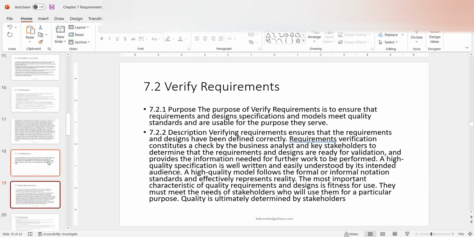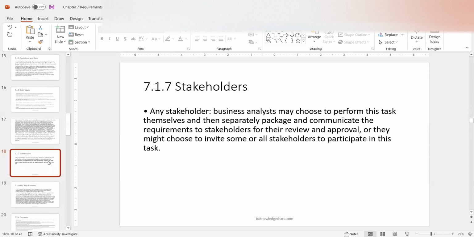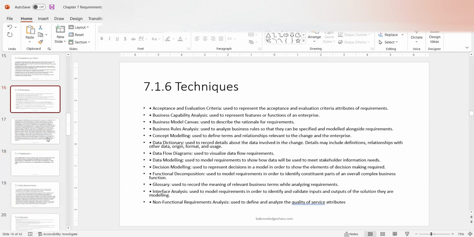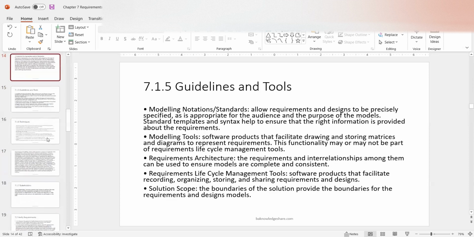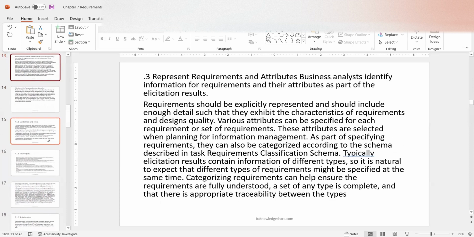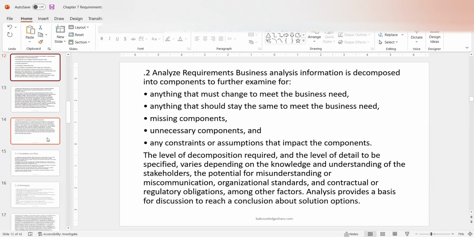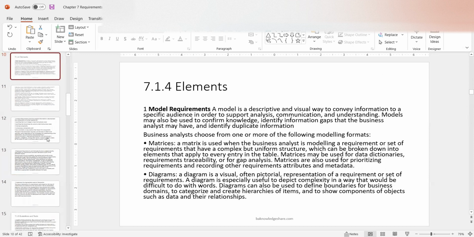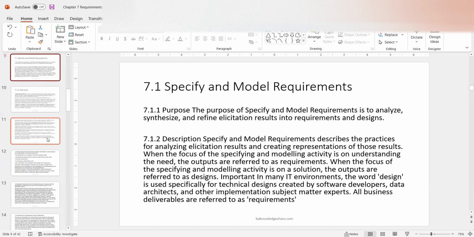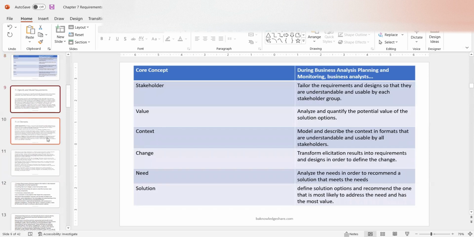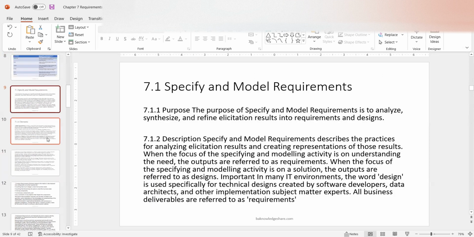So before we move to the next episode, I just wanted to look at this task from the eyes of Amanda. And remember, Amanda is our business analyst who has been hired to move a pizza restaurant from a brick and mortar store to an online store. In this case, she's already elicited and gathered her requirements, and she is looking forward to specifying and modeling them.